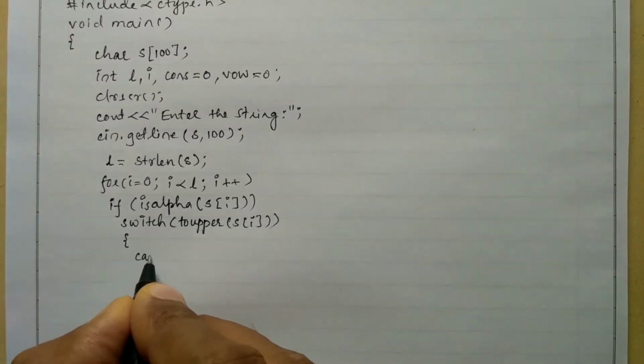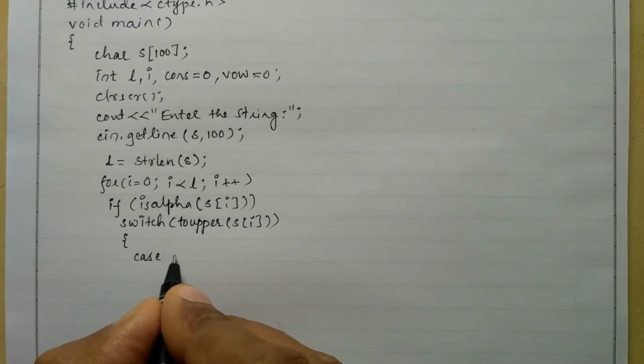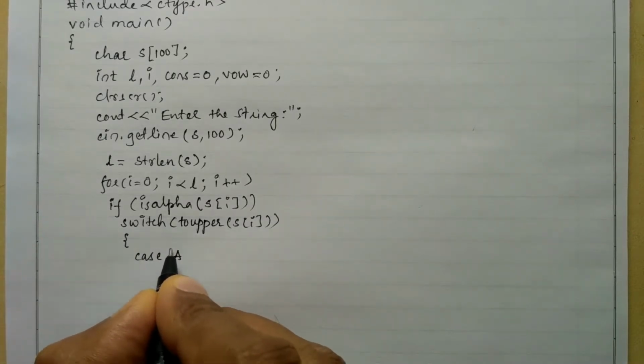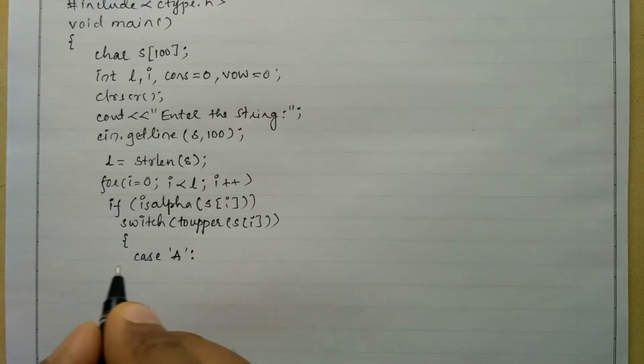Now I'm going to write case. Case should be written in lowercase letters, then space, then you can write the character capital A in a single pair of quotation marks because it is a character constant. Then you need to write colon.